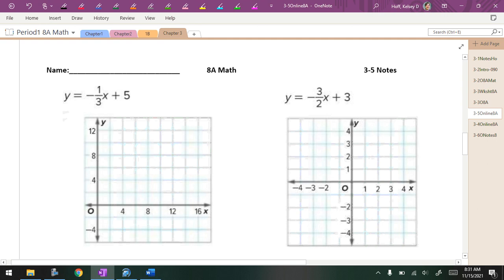Y equals negative 1/3 x plus 5. Okay. First one. Every x-intercept, what do you know? Look back.